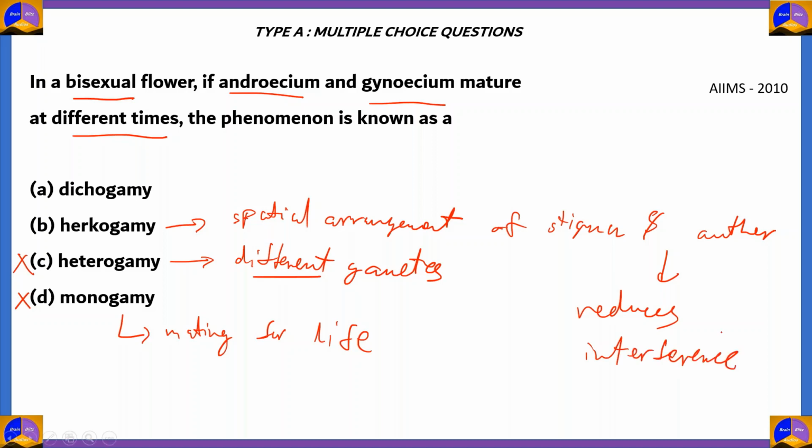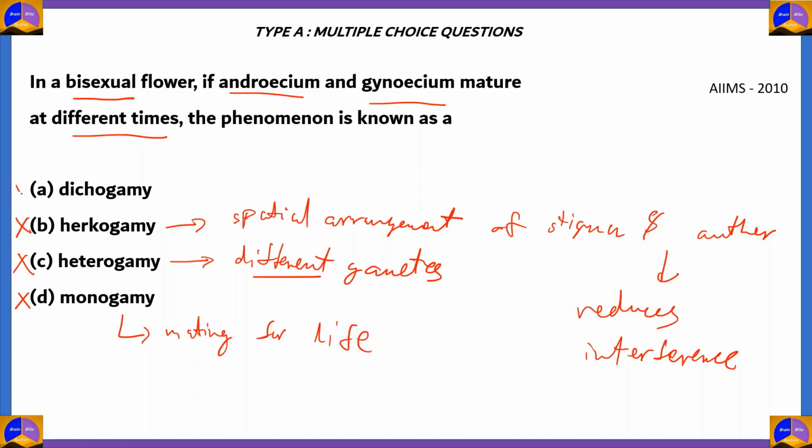Now, both the androecium and the gynoecium can still mature at the same time in this condition, but what happens is that the stigma is placed far away from the anther, or it is placed higher or lower than the anther. So option B is incorrect.